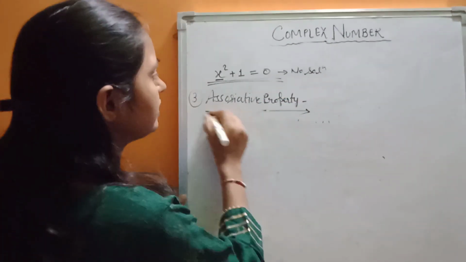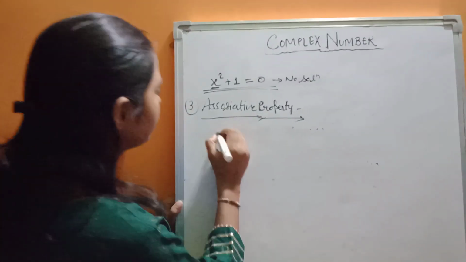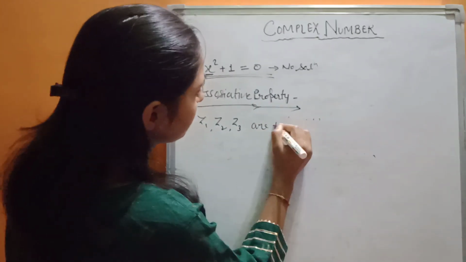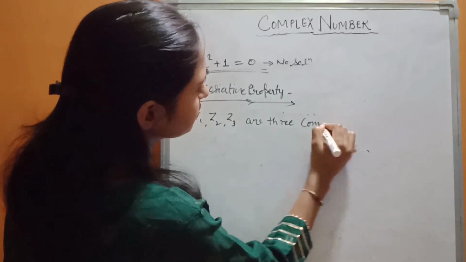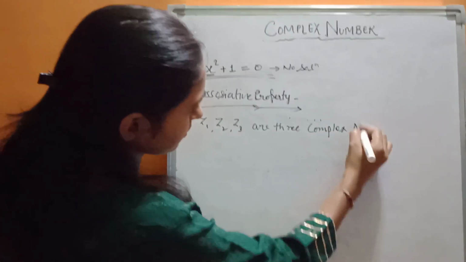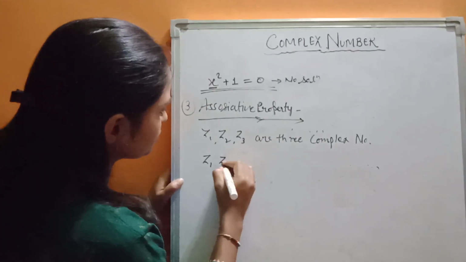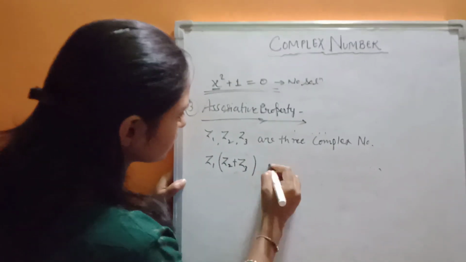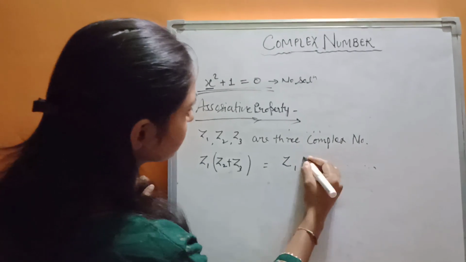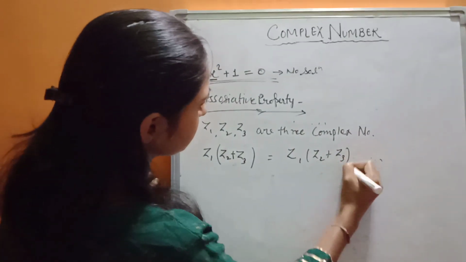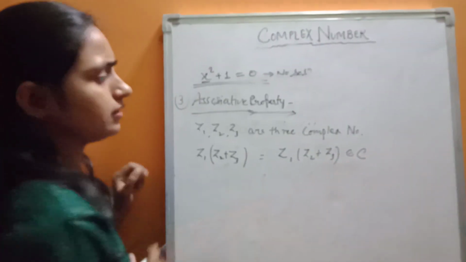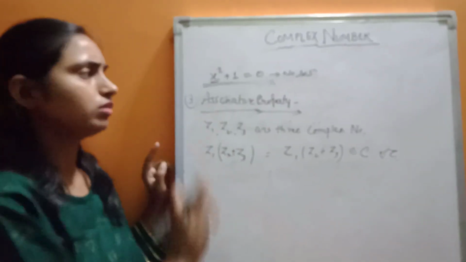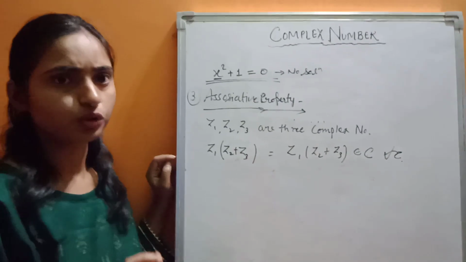In the associative property, we have studied that if you have three complex numbers z1, z2 and z3, and the operation is addition, then z1 plus z2 plus z3 is equal to z1 plus z2 plus z3, grouped either way. This belongs to the complex numbers for all complex numbers. So this will hold.